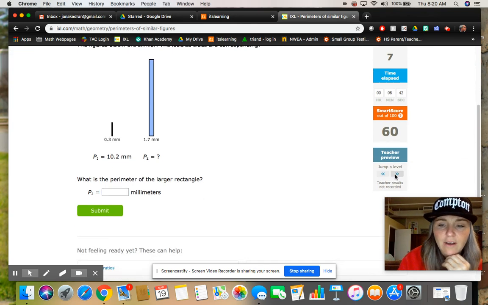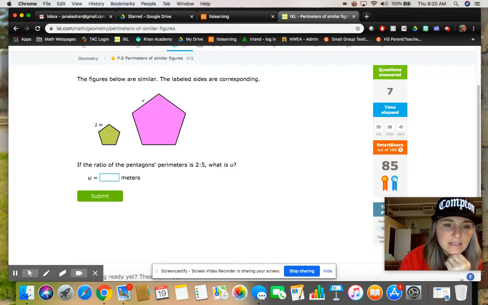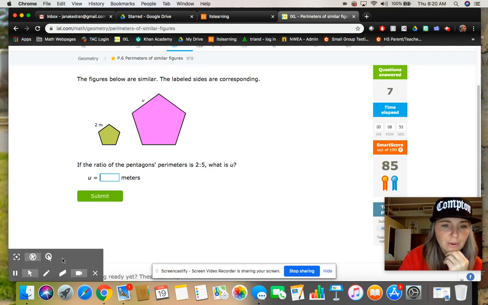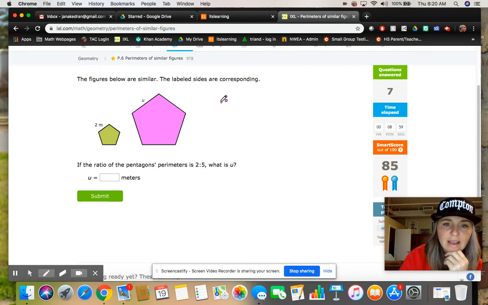And if I jump ahead for you, when you get into the 80s, it's going to give you the ratio. So it says to solve for U, if the ratio of the perimeters is 2 to 5, so you would say, okay, here's my ratio, 2 to 5.